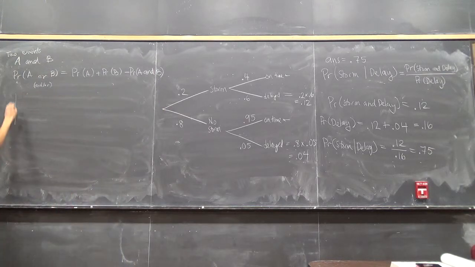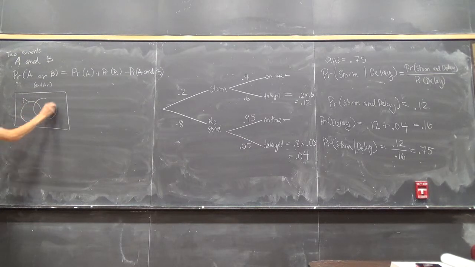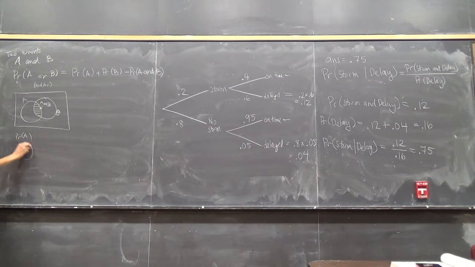So if we have a Venn diagram, if this region represents A and this region represents B, this overlap would be A and B. If I just did the probability of A plus the probability of B, then I would have too much area because I've double counted the overlap.